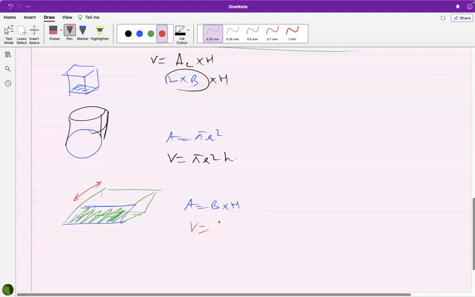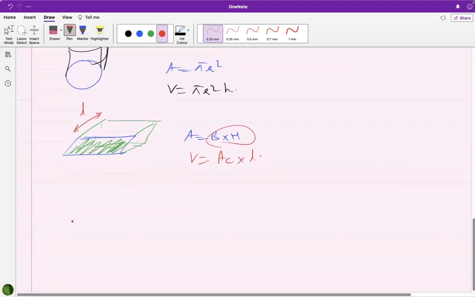So volume is the cross-sectional area, whatever it is, into the new length. So any shape into length. Let's say I'm holding a shape that is a triangle, and I extend this triangle on the other side. So I'll multiply it with that length, cross-sectional area into that length.